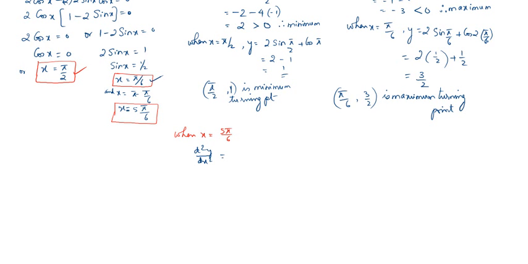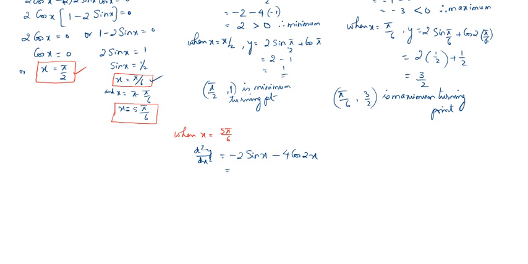It is minus 2 sine x minus 2 sine x minus 4 cos 2x. So we will put the value here.